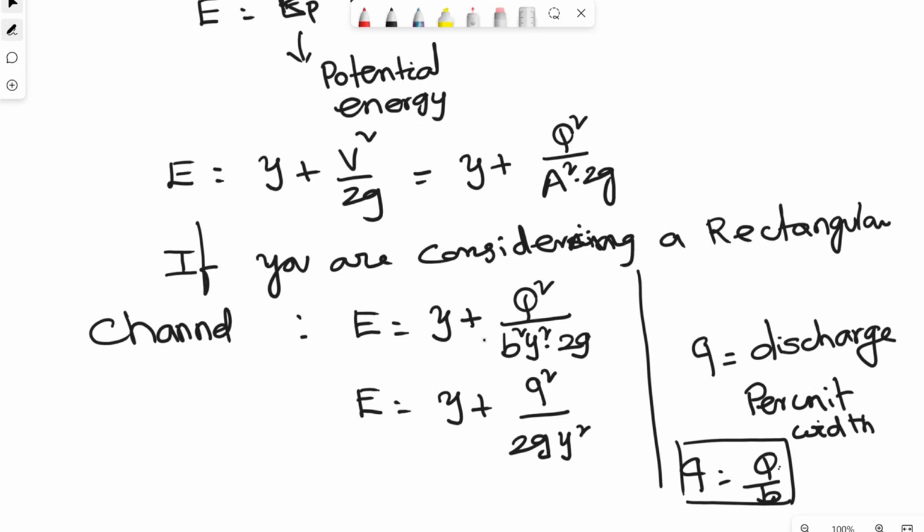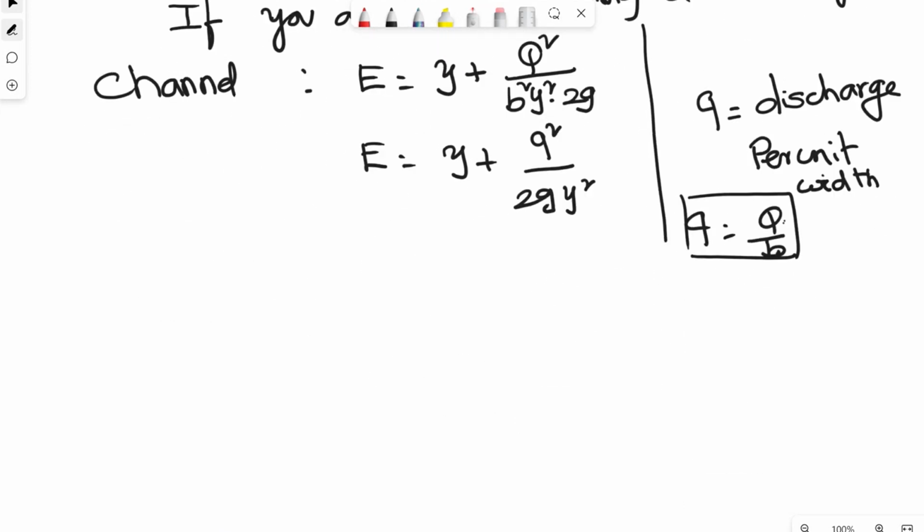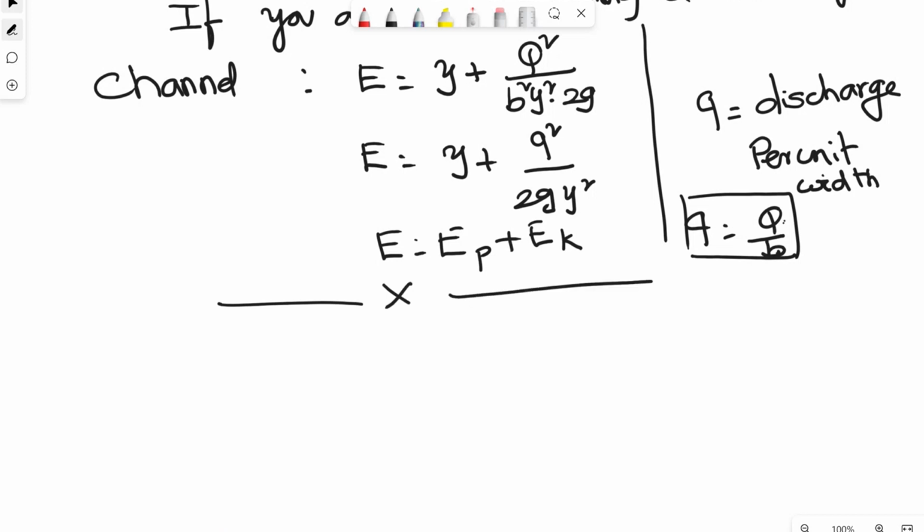So this Q squared by B squared, I am writing as small q squared. Right? Now, this is also equal to EP plus EK. So this is the first introduction of what is specific energy. Now I am going to what is a specific energy curve.